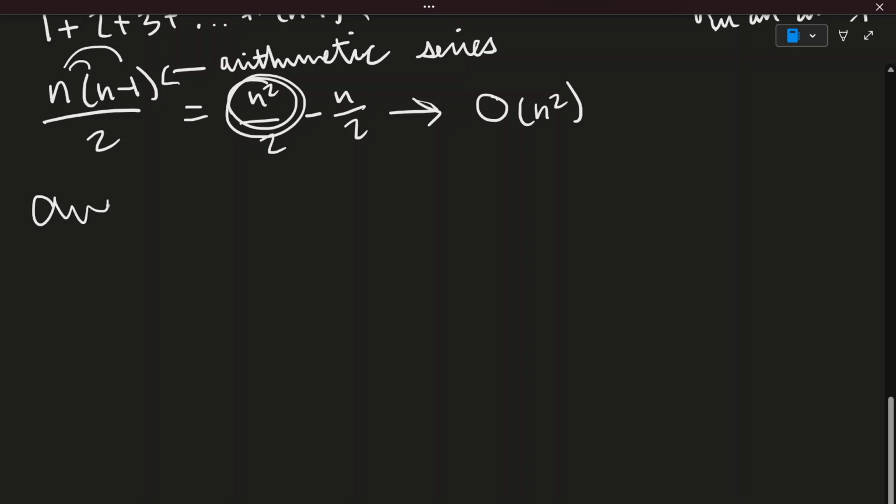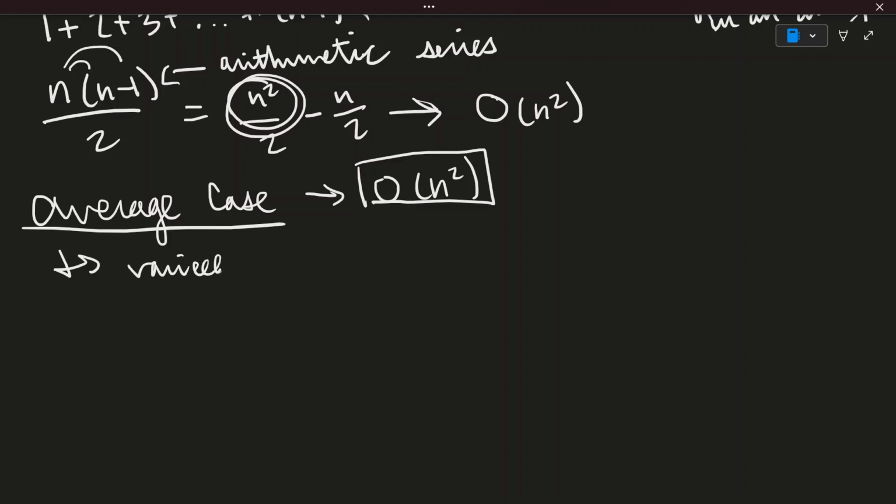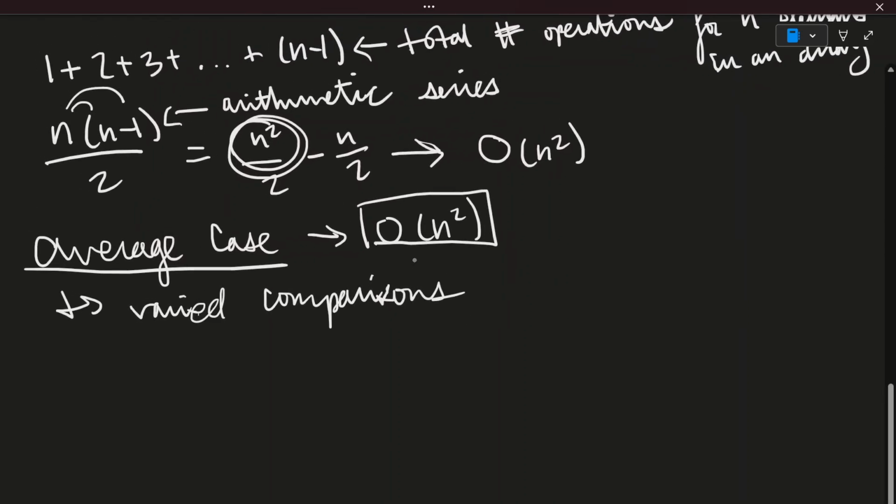And for the average case, the time complexity is also O of n squared. The average case is just, you'll have to do a varied amount of comparisons depending on the positions of all the numbers in the array.